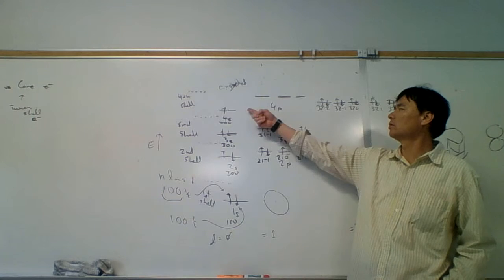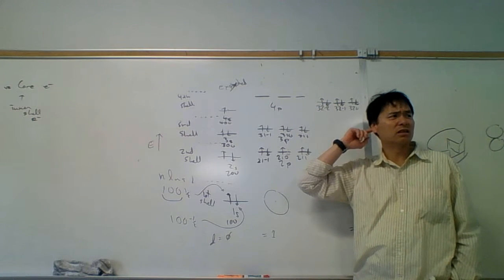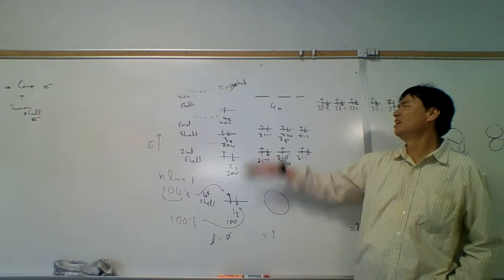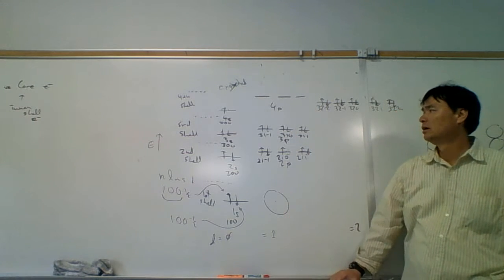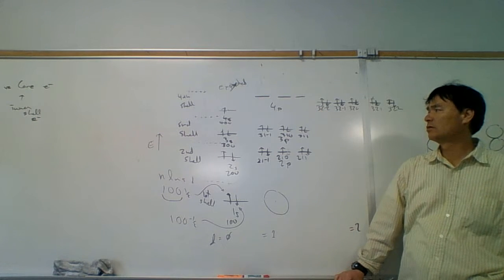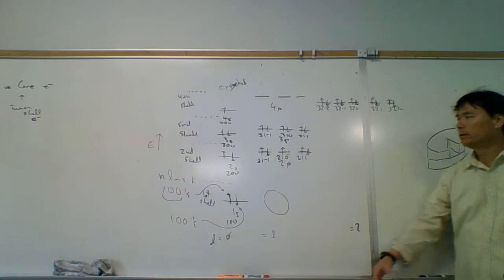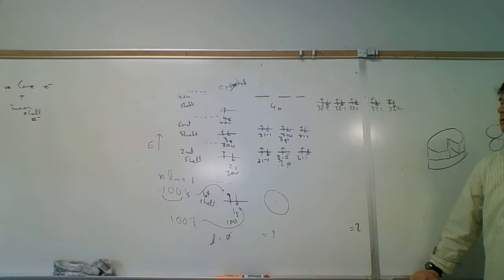The outer shell here looks to be the 4th shell, right? The 4th shell is the outermost shell. It has electrons in it. The 5th shell is totally empty. And so it looks like the outermost shell on this is the fourth shell. But here, the core electrons are a bit tricky.